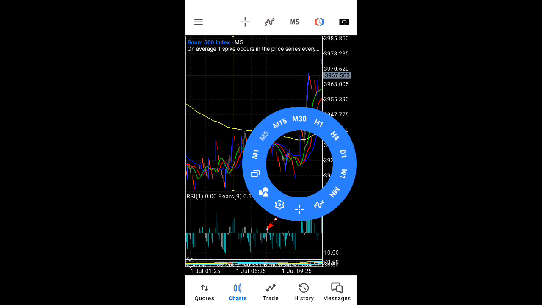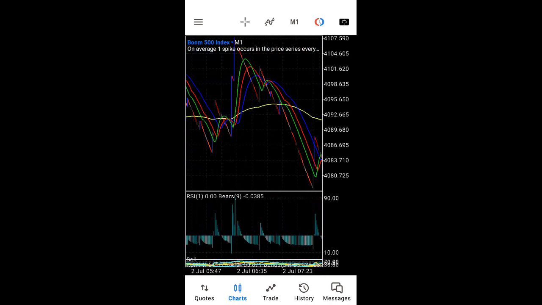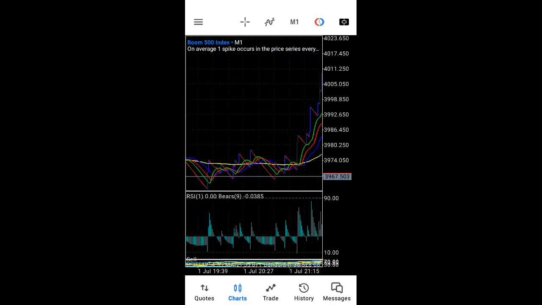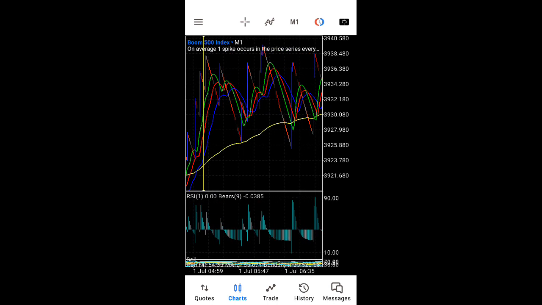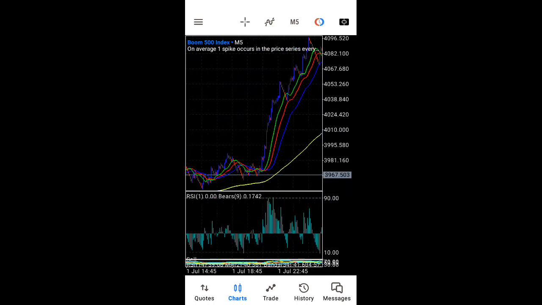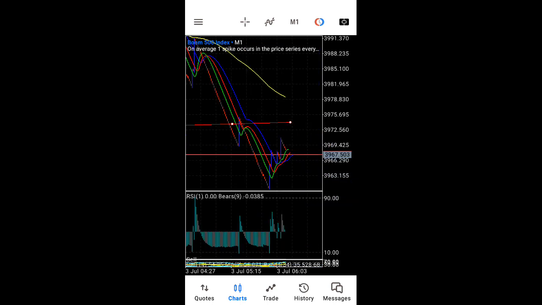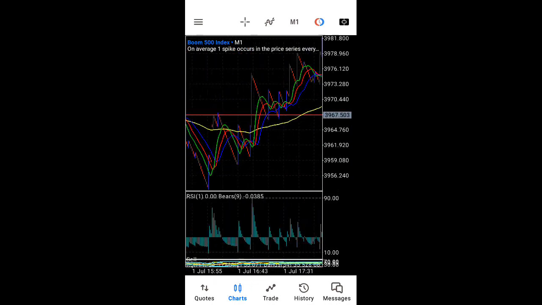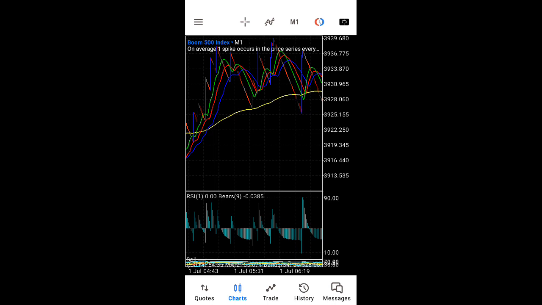Then I will have to come back to our 1 minute chart and try and spot that angle, so that I can check if the same criteria is met on the 1 minute time frame. Since on our 5 minutes chart our divergence was set right on this first spike, where I have set the line, I come back to our 1 minute chart and try and see if the same is happening.